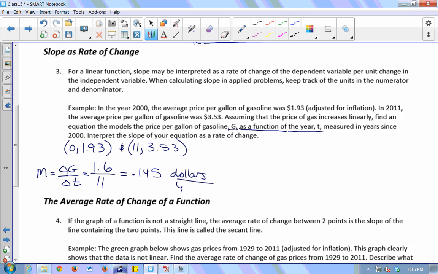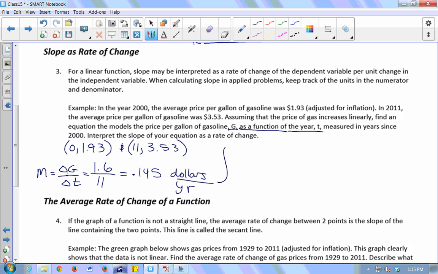So this says dollars per year, 0.145 dollars per year. So what does that mean in terms of gas prices? What does that tell you? Yeah, gas prices increase by approximately 15 cents every year, above inflation.